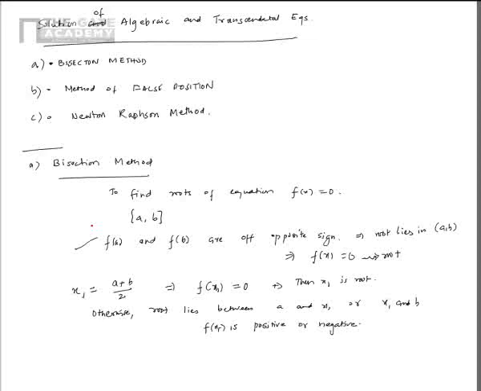So basically you are bisecting the interval every time, reducing it to half, and then checking for the root. This is the simplest way this method works. Let me explain it graphically, then it will be more helpful.